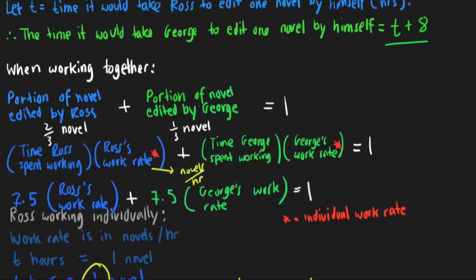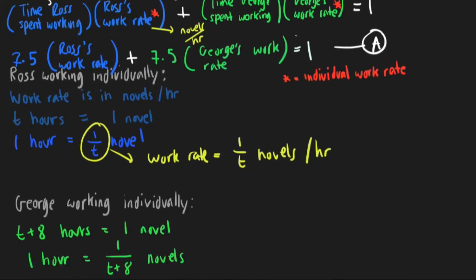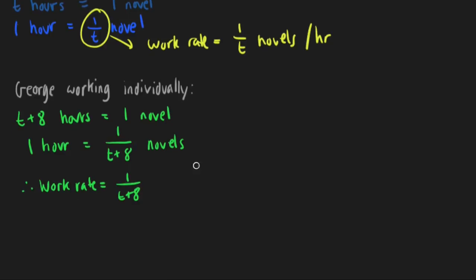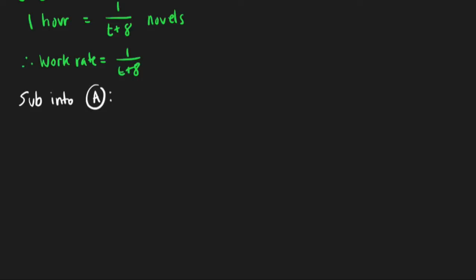Now all we have to do is substitute those work rates into this equation that we have here. We can call this equation A, and we just need to sub what we got into equation A, and then we should be able to solve for t. So sub into A. So what happens when we sub it into A?